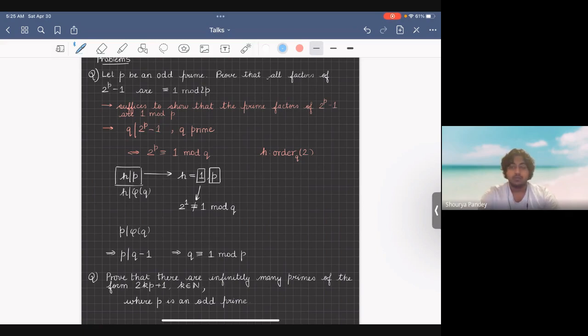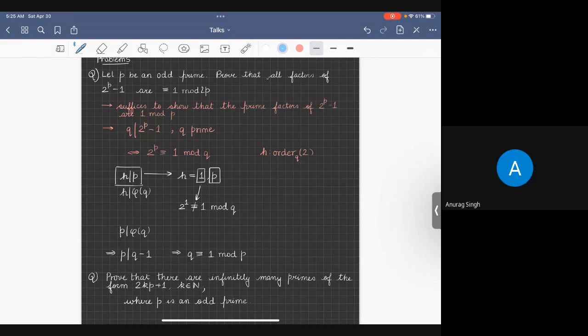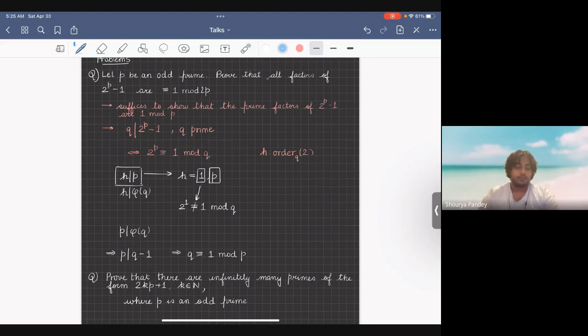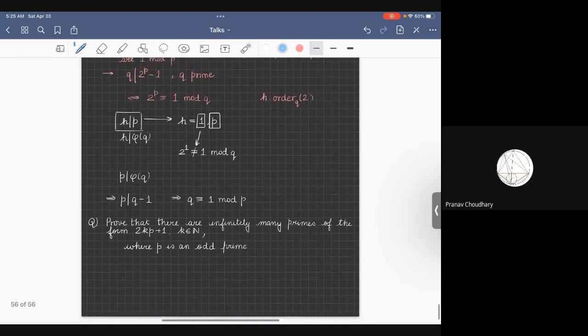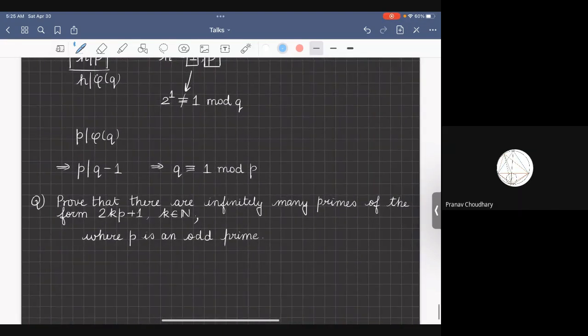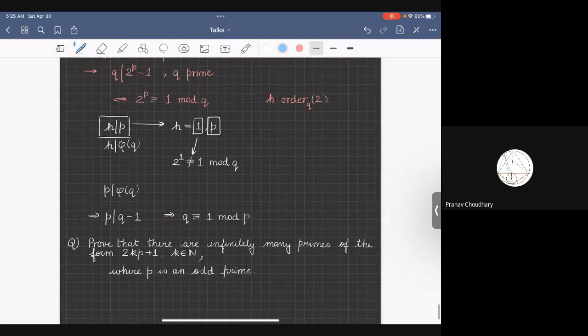Yeah, but what next? Is there some way by which we can prove that the factors of 2 to the power kp minus 1 are congruent to 1 mod 2p?